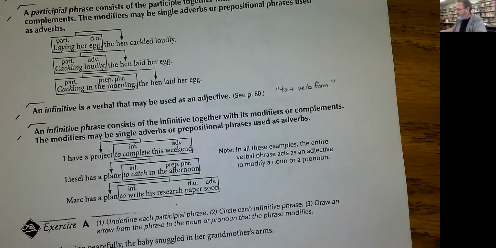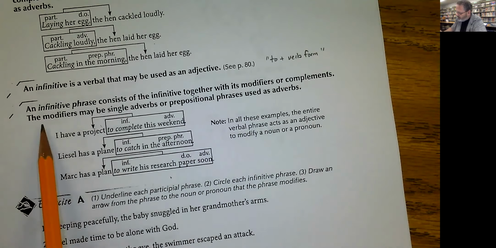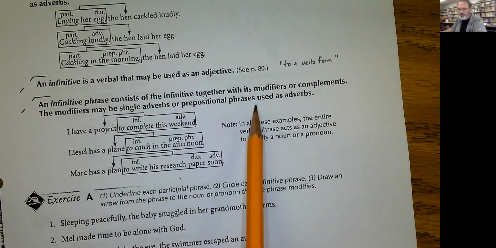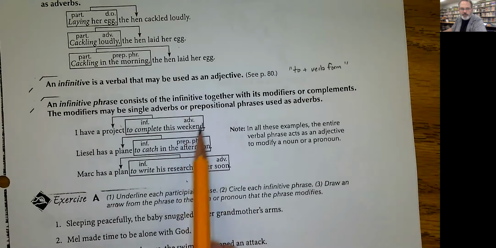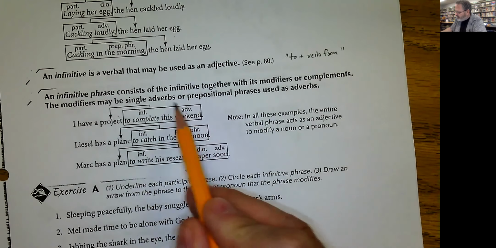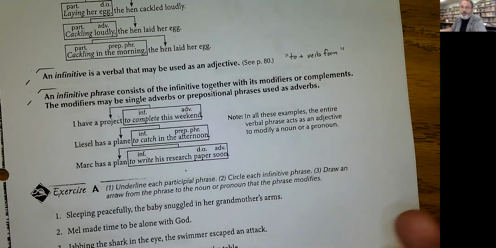To run, to walk, to eat, to live, to love. Those are all infinitives. The modifiers may be single adverbs or prepositional phrases used as adverbs. I have a project to complete this weekend. To complete this weekend is an infinitive phrase used to describe project. Which project? The one I've got to complete this weekend, right?